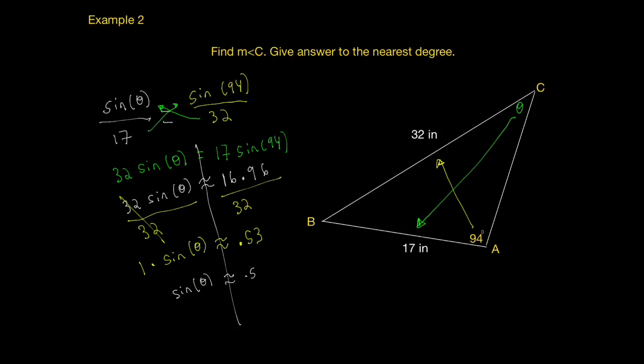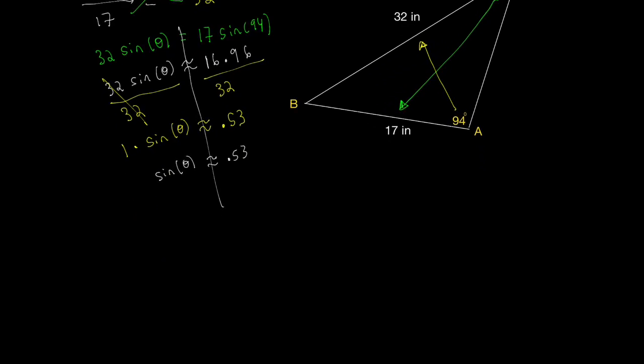So I have sine of theta approximately equal to 0.53. I want to isolate theta, so I'm going to have to compose the left hand side and the right hand side with sine inverse. So here I get sine inverse of sine of theta, and that's going to be approximately equal to the sine inverse of 0.53.